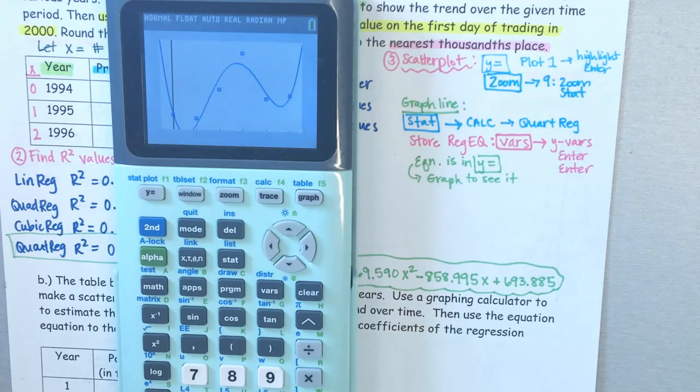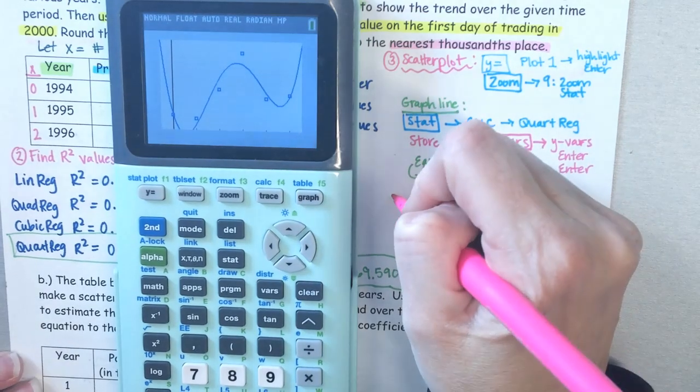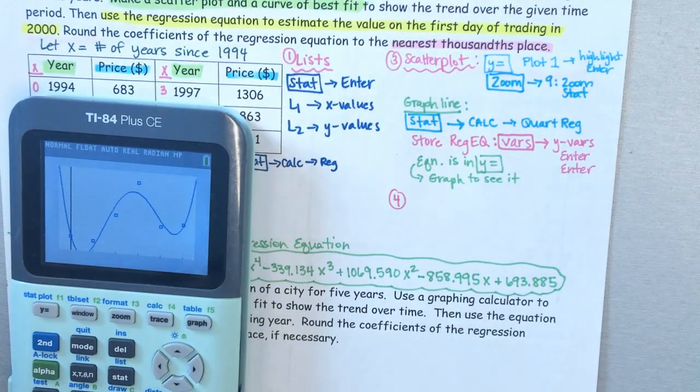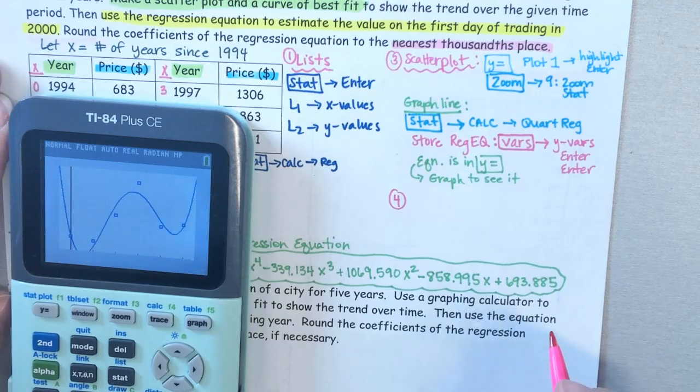Okay, so in the year 2000, think about what your x value is going to equal. Okay, so this is your last step. So it says, use the regression equation to estimate the value on the first day of trading in 2000.